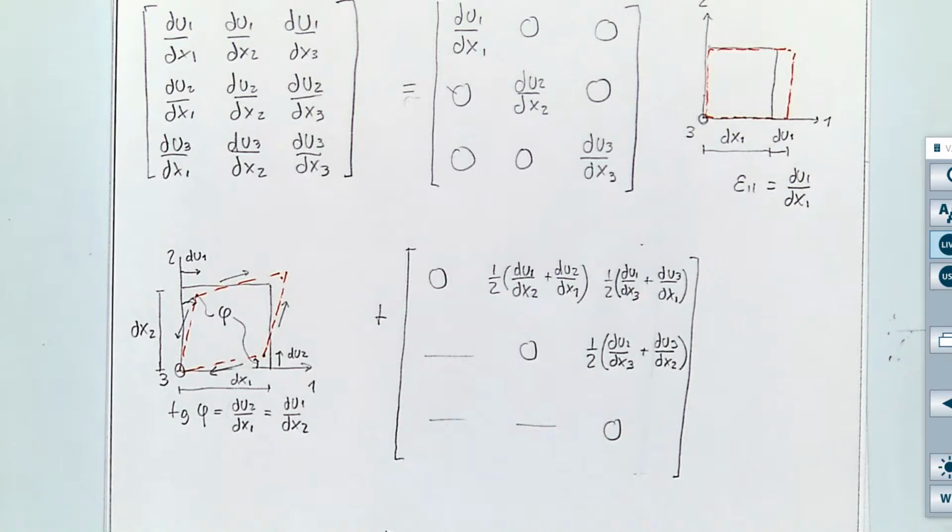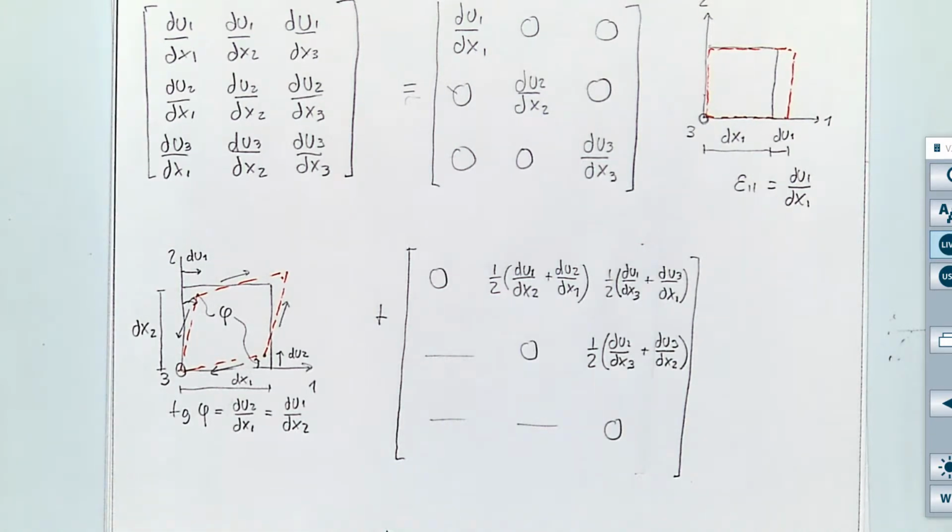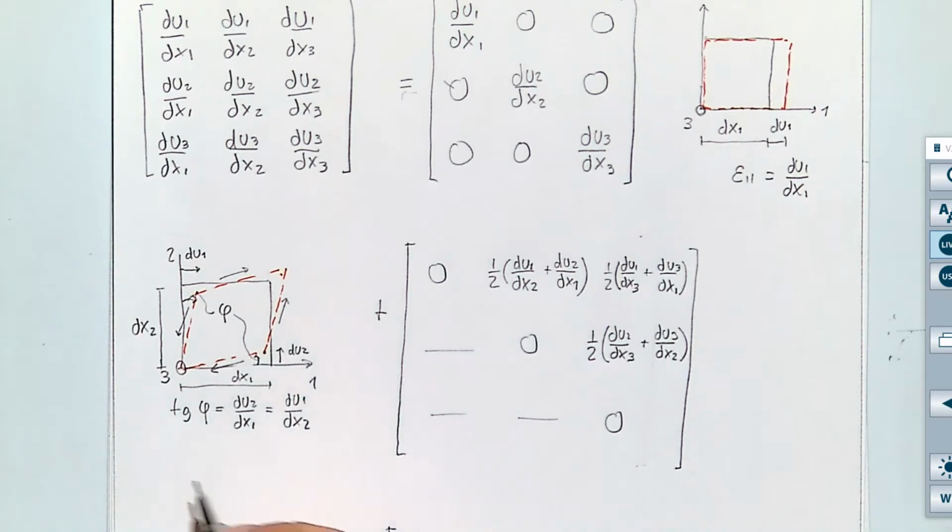And I'm going to use that angle that tells me the amount of shear distortion in the solid in order to define the shear strain epsilon 1,2.